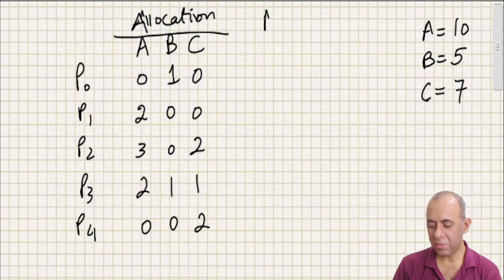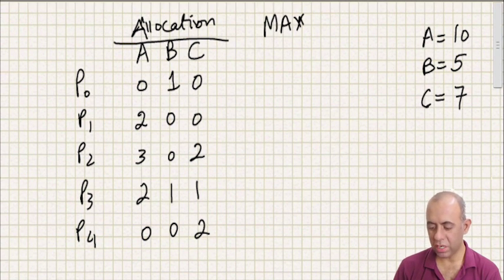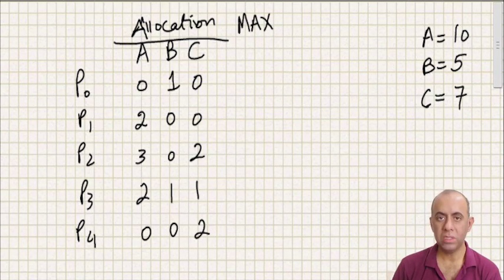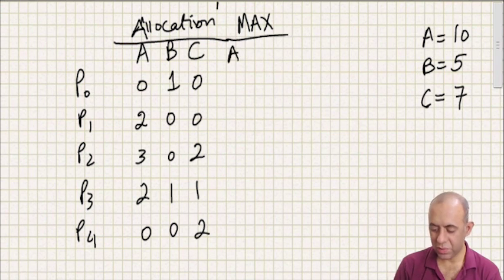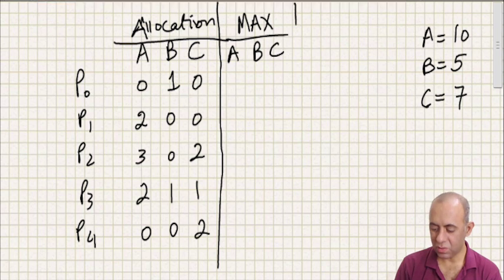Similarly, we have a max table which was declared by all of these processes before execution. This is a separate matrix, and again we have these 3 types of resources.